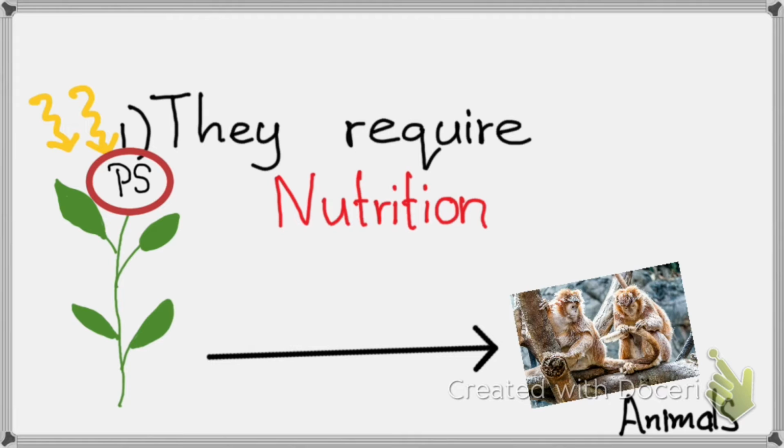That process is called photosynthesis. In this process, they make their own food. But what about animals? These animals directly or indirectly depend on the green plants. So somehow they require nutrition. They have their own methods to fulfill that nutrition requirement.